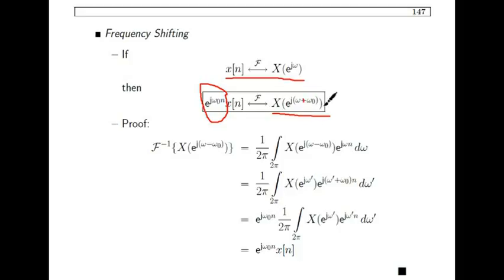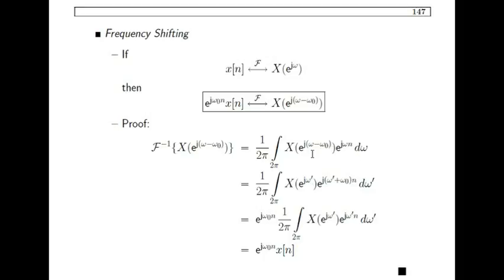So here is the proof. Now let's take the inverse Fourier transform for this function, which will be 1 upon 2 pi, integral over the time period 2 pi, X of e to the power j omega minus omega naught, e to the power j omega n d omega. I have replaced omega minus omega naught with omega dash.